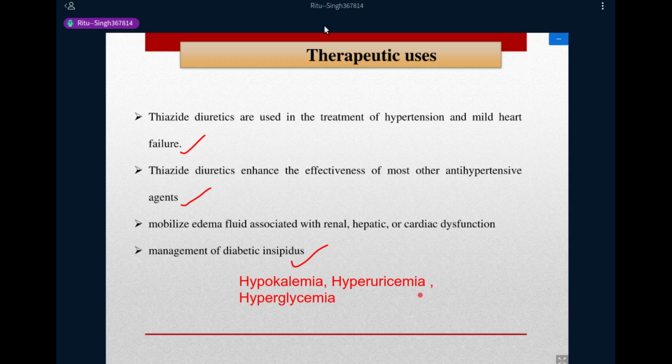So hypokalemia, hyperuricemia, and hyperglycemia are some adverse effects related to thiazide diuretics.